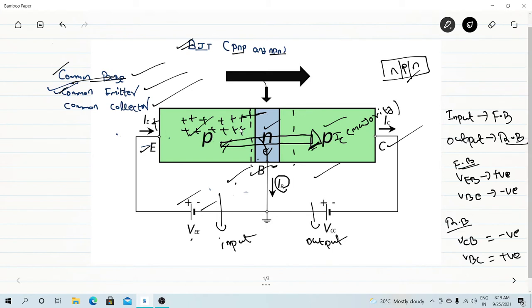These holes can move from this side to this side easily, and the holes that come here will be minority carriers for the n type semiconductor, and can easily cross the depletion region. We know if reverse biasing is given, then minority charge carriers can flow, that is we will get current due to electron drift or hole drift, we know from the basics.